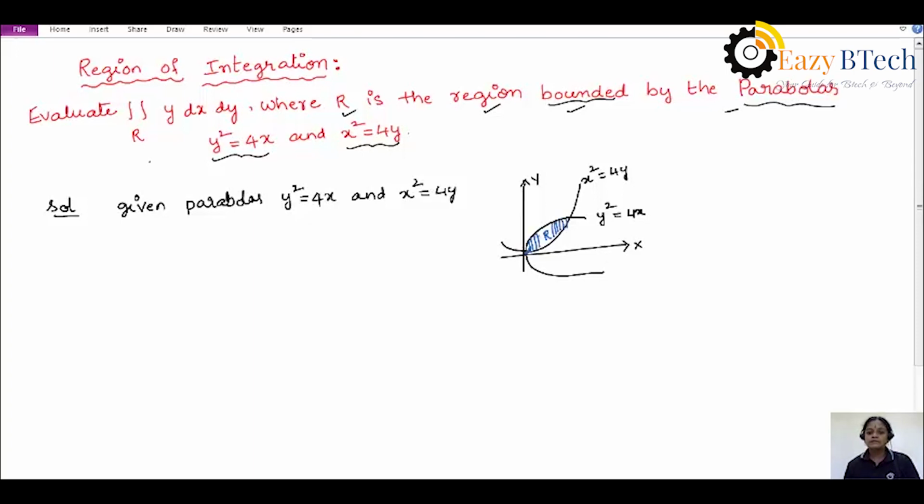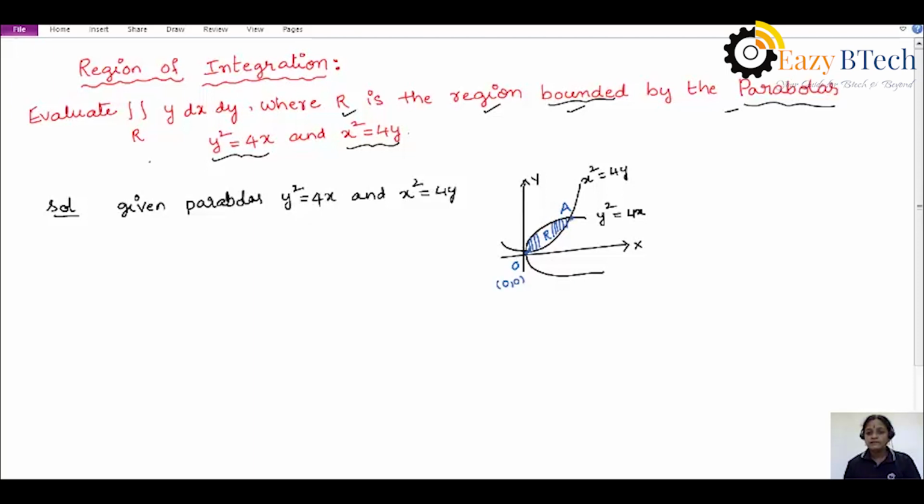So evaluate the double integration of y dx dy or dy dx, where the region is bounded by the two parabolas, x square is equal to 4y and y square is equal to 4x. The bounded region is between two points, O and A. O is the origin point, that is 0, 0.